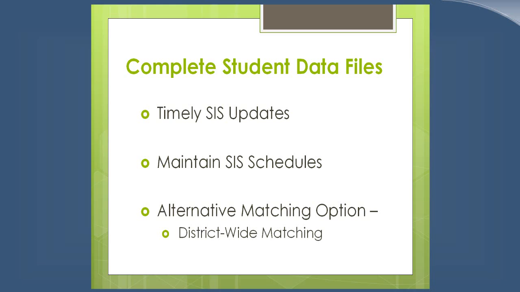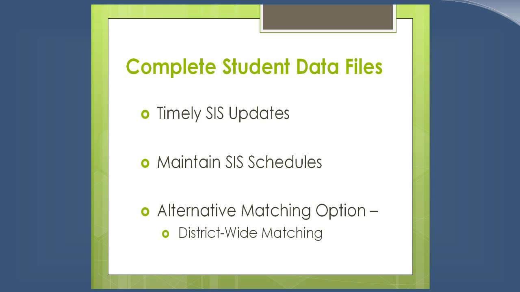So what this allows is for them to use their real-time data at their local system against the statewide SNAP data versus having to rely on an SIS schedule, which may be a couple of months old at the time of the matching. So again, when we're looking at complete student data files, what we want to do is make sure that when we are matching, we are matching against the entire universe of students that are in that school.